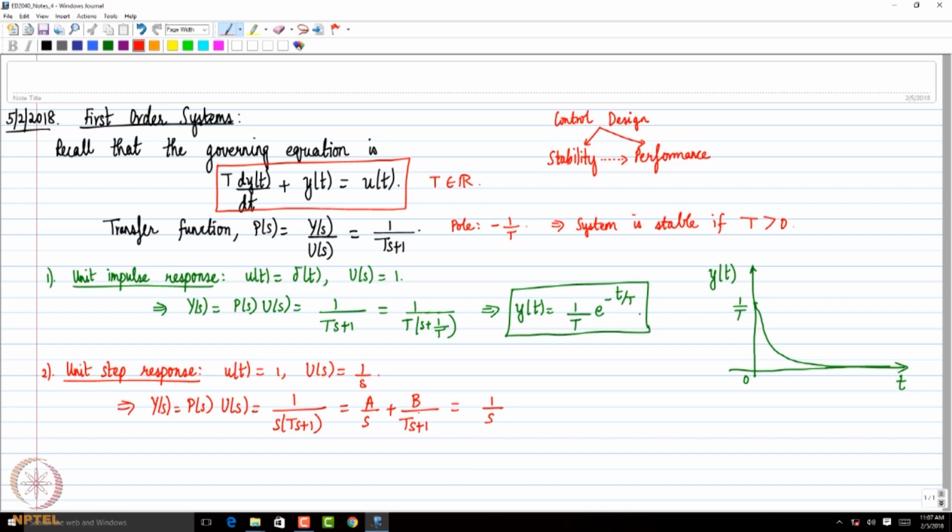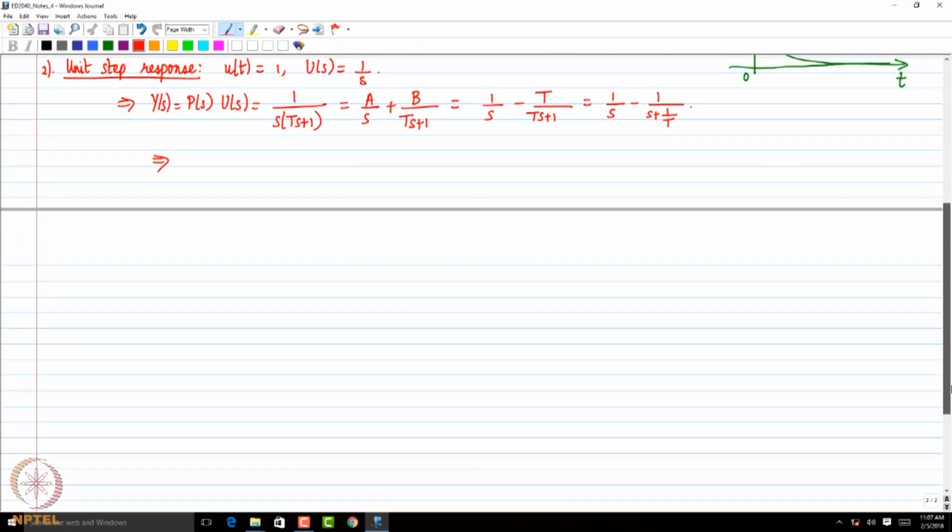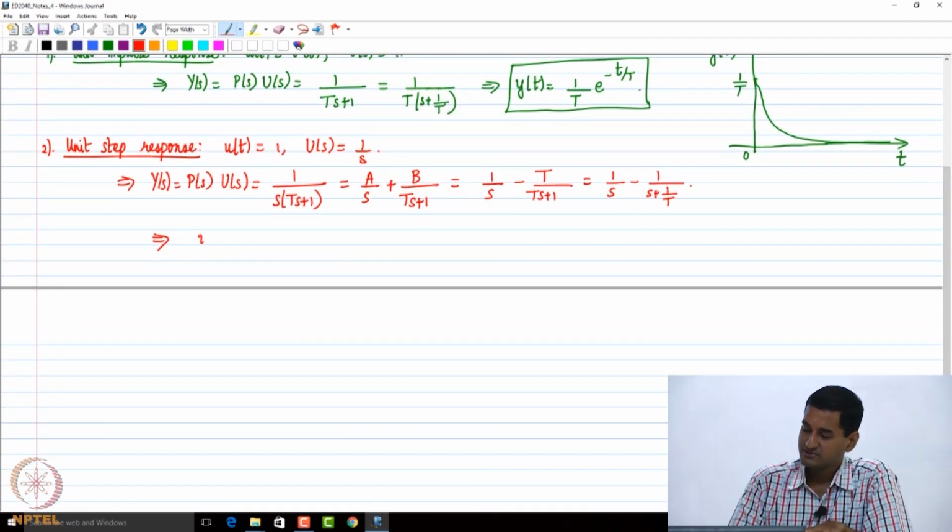For B, you multiply both sides by Ts plus 1 and substitute the root of Ts plus 1, that is s equals minus 1 over capital T. Once we do that, we get minus capital T as B. So this comes as 1 by s minus T divided by Ts plus 1, which I can rewrite as 1 by s minus 1 divided by s plus 1 over T. If I take the inverse Laplace transform of this, I will get y(t) equal to 1 minus e to the power minus t by T.